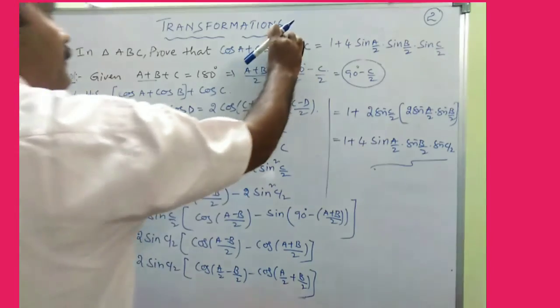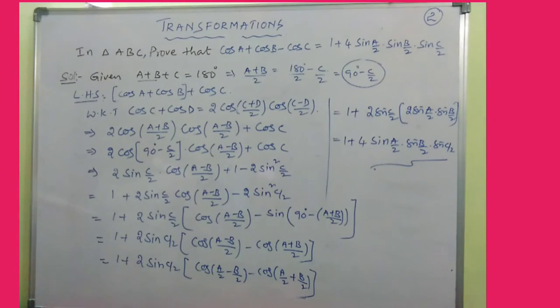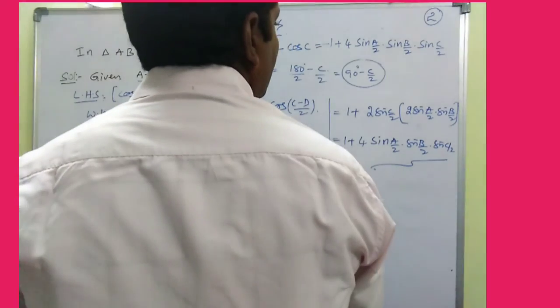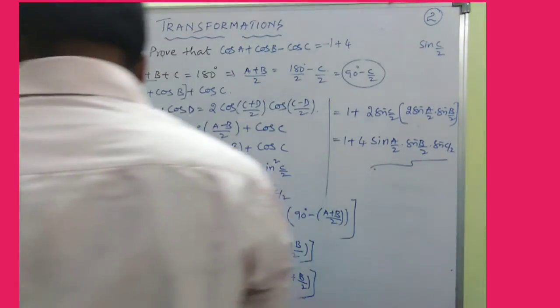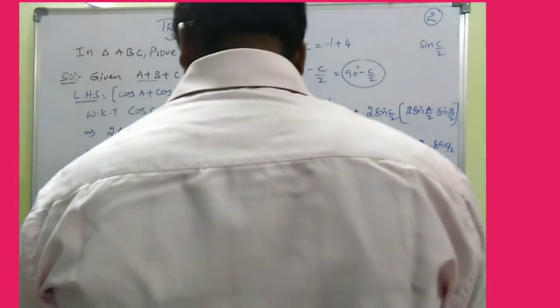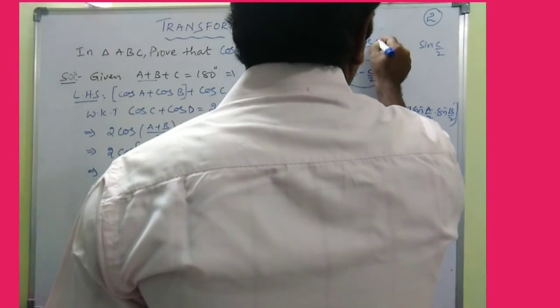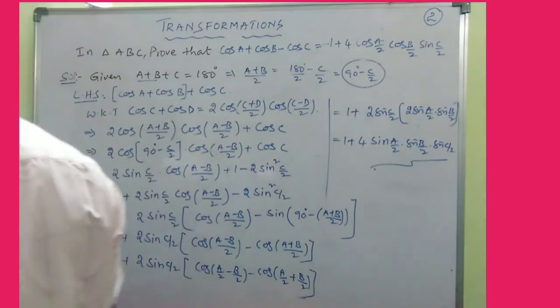So after that, please note one more problem, that is cos a plus cos b minus cos c. Cos a plus cos b minus cos c is equal to minus 1 plus 4 cos a by 2 into cos b by 2 into sin c by 2.